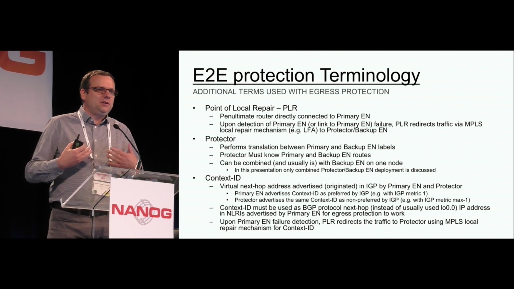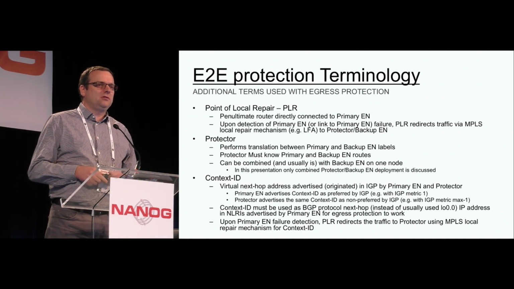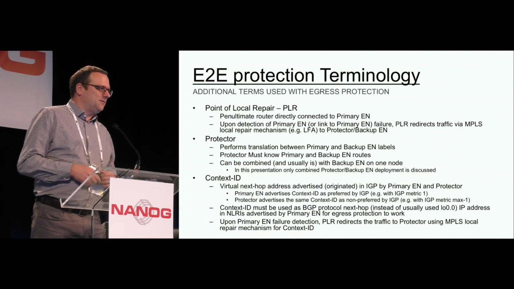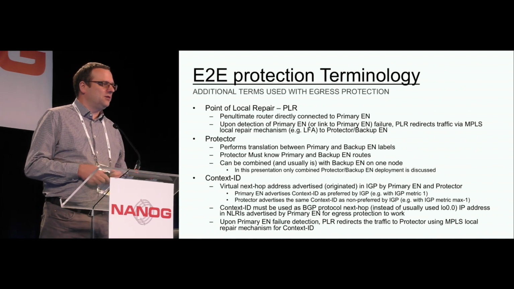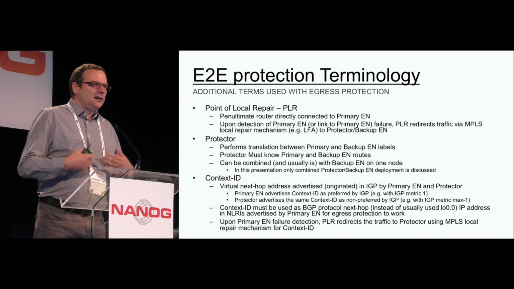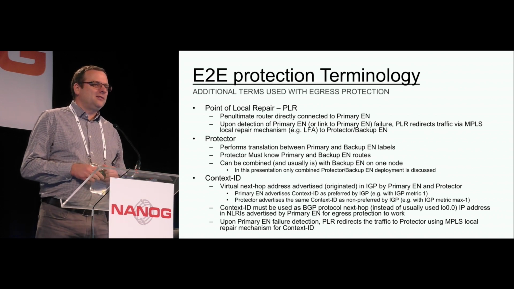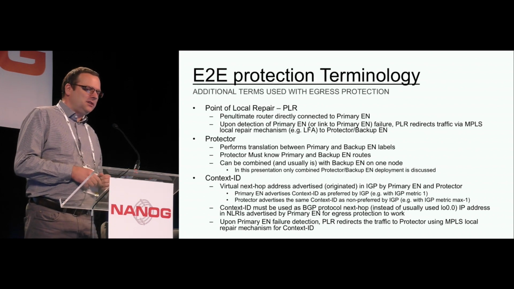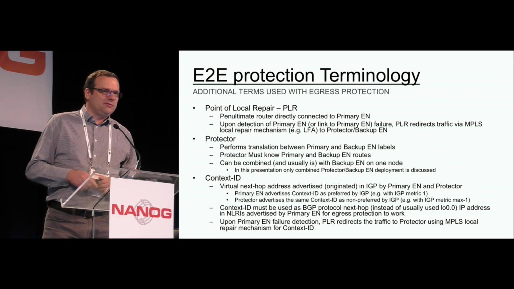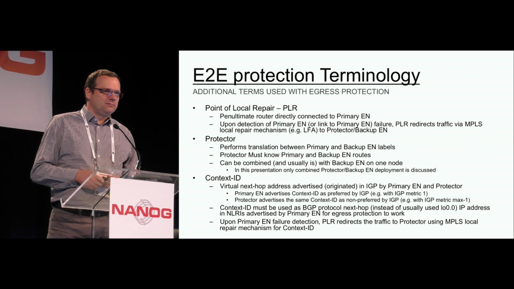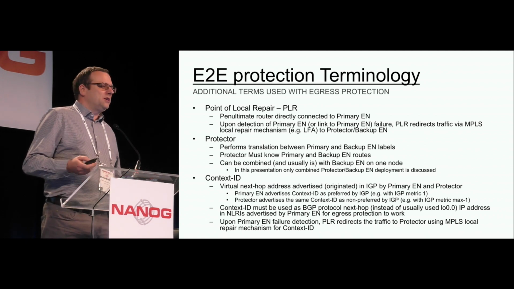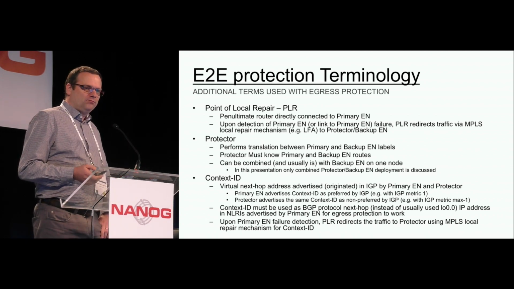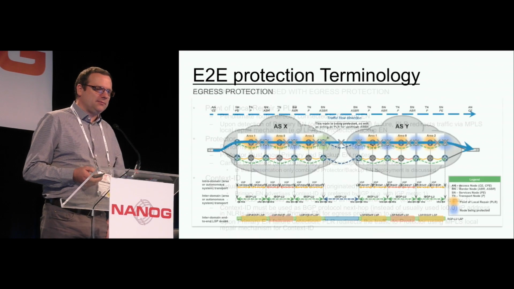The backup PE needs to be able to handle this traffic. In order to handle it, we send the traffic to something called the protector. This protector translates the VPN labels allocated by the primary egress PE to the VPN labels allocated by the backup egress PE. Typically, the protector is configured on the same node as the backup egress PE.